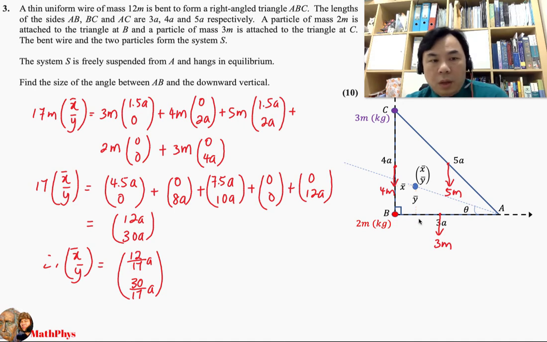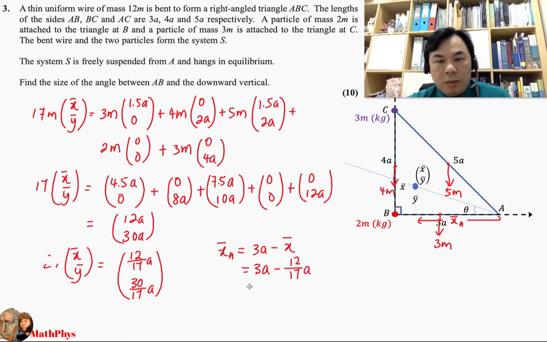Now I'm going to label this as X A bar, just for reference. To get X A bar, you will notice that it is typically just 3A subtract off X bar here. That will be our X bar, according to this, which is 17A here.